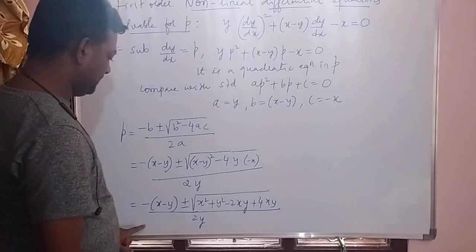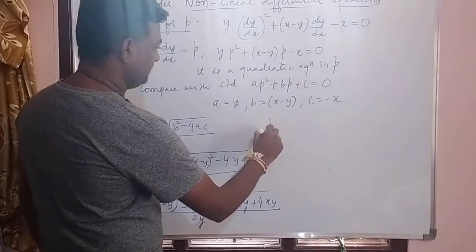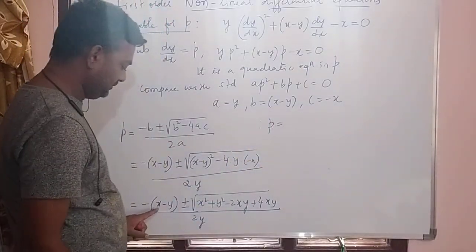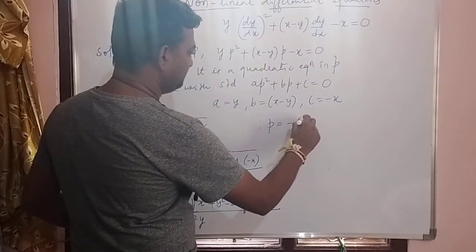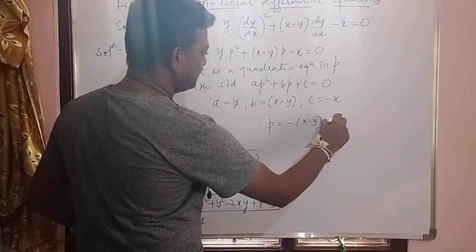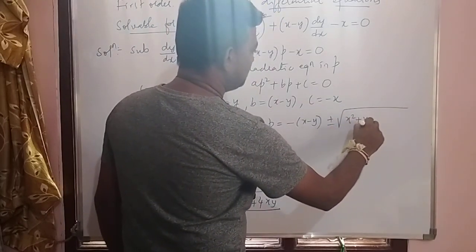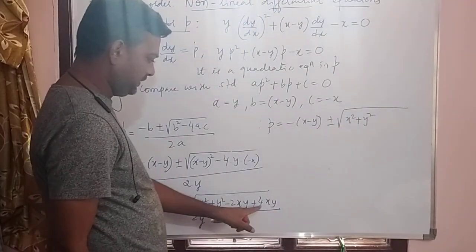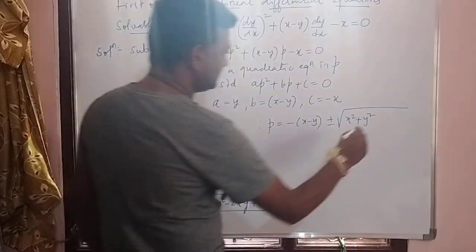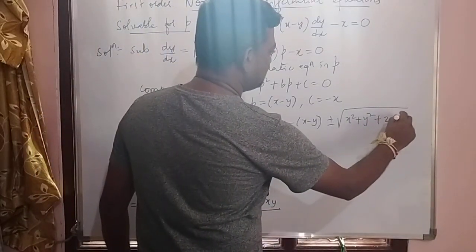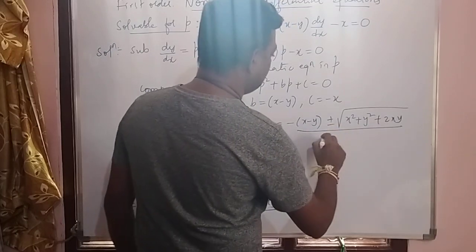Okay. Now further, I am writing here p is equal to minus of (x minus y) plus or minus square root of x square plus y square, as it is, plus 4xy minus 2xy is plus 2xy, divided by 2y.